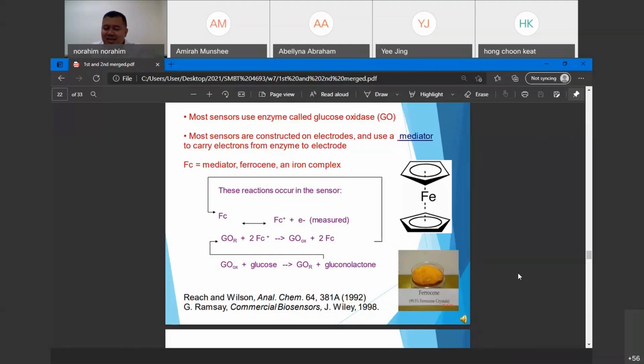Rajano Syairah ada tak? No answer. Okay, Amira? Amira Munshi ada? Ada doktor. Okay, Amira, biasa kita guna glucose oxidase ni masa bila?